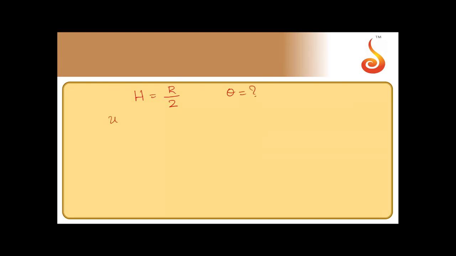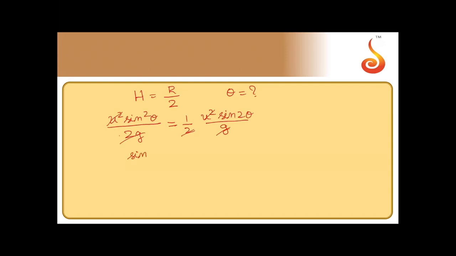So substitute for this, u square sin square theta divided by 2g, this is maximum height, that should be equal to, I will take this half outside, r is u square sin 2 theta divided by g. Now u square gets cancelled, 2g gets cancelled, sin square theta is equal to sin 2 theta.